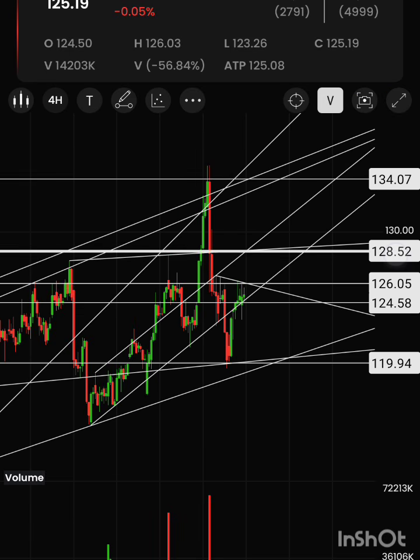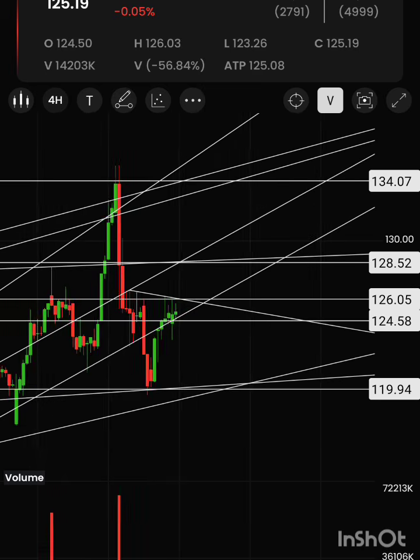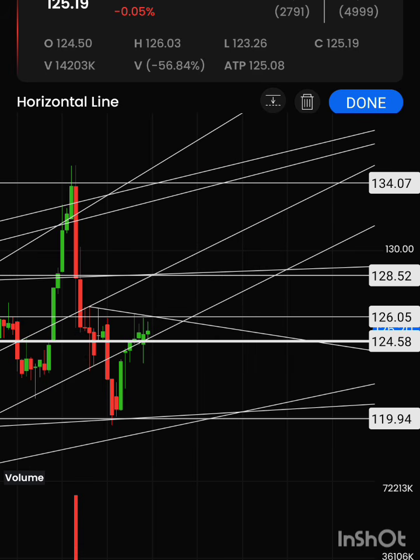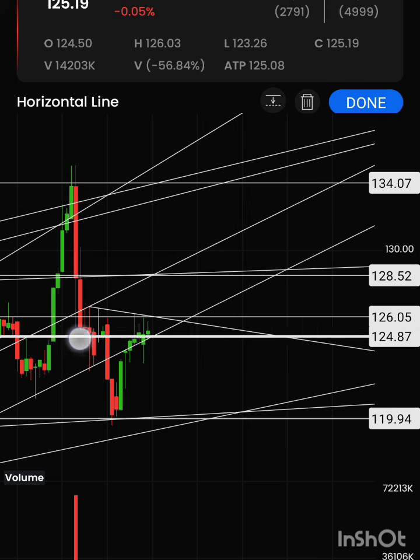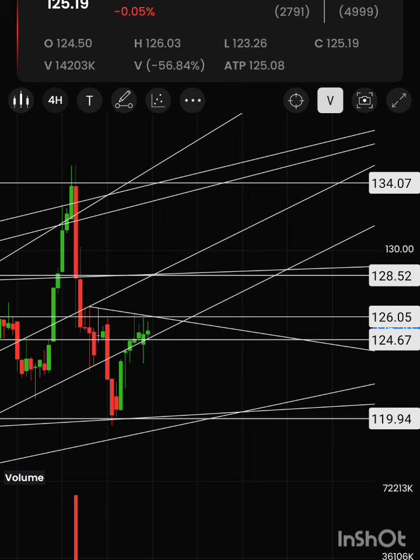So this 128 to 129 will be a little more stronger resistance. And if you are taking any position here, you can keep a stop loss here 124 range, 124.4 or something. You can keep a stop loss on an entry of 126.1. So this is another one.